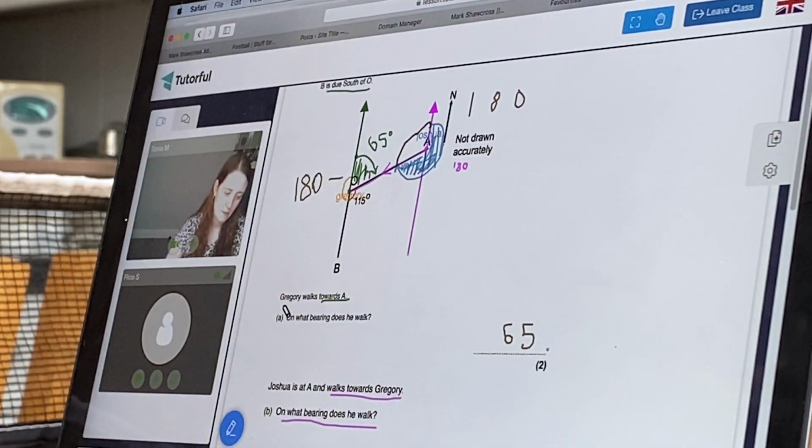So how did we find the Z angle? 65, 180, 115. So you're right, so that angle that you've drawn on there, from the Z angle, is 115?